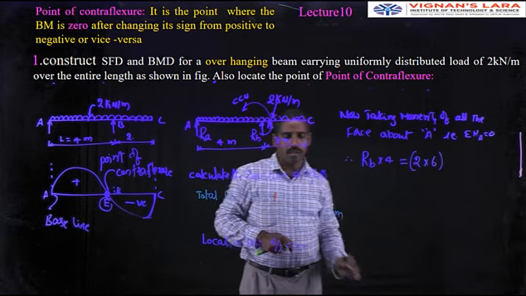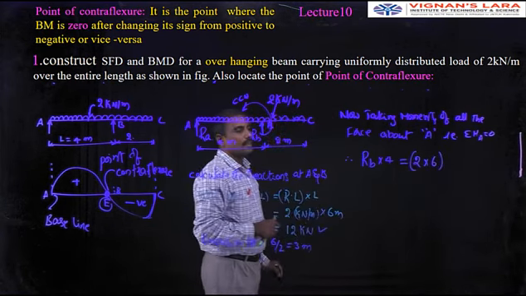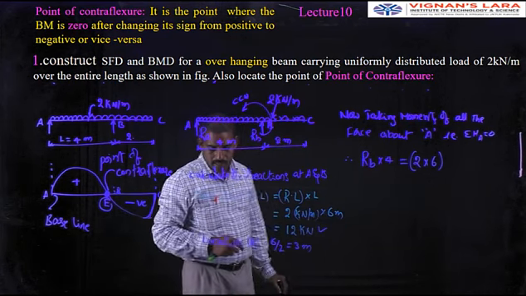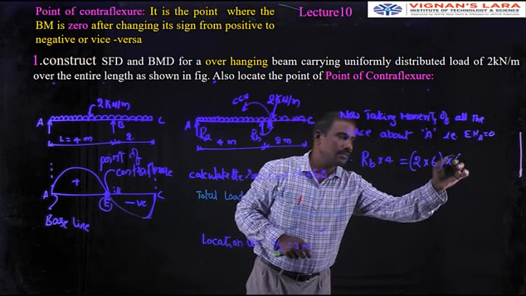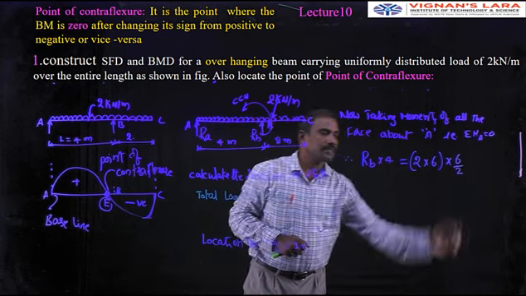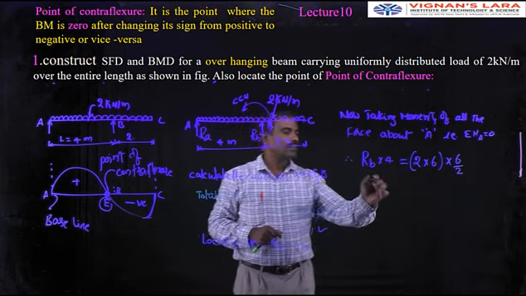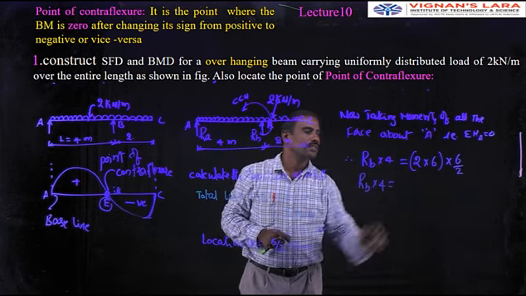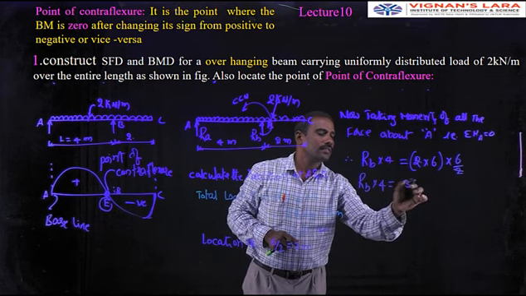This is the total load already calculated, and it is concentrated at 3, that is 6 by 2. Therefore, RB into 4 is equal to 36.